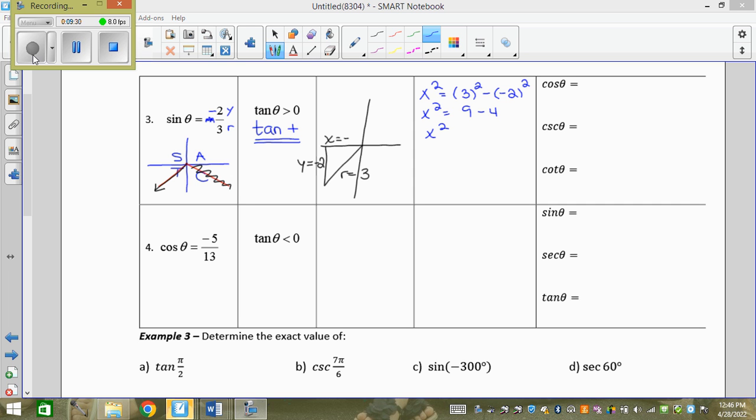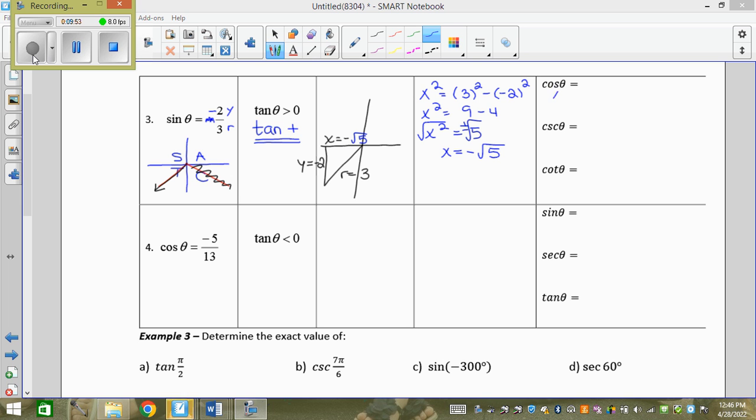X squared equals 5. Square root, plus or minus, and in this case it's negative. Now remember, if you can reduce the radical, you must reduce the radical. It's not an option. If you're like, maybe I don't need to, you do. You will never get full marks if you don't reduce your radical. Root 5 doesn't have anything to reduce, so we're okay. So x is negative root 5.